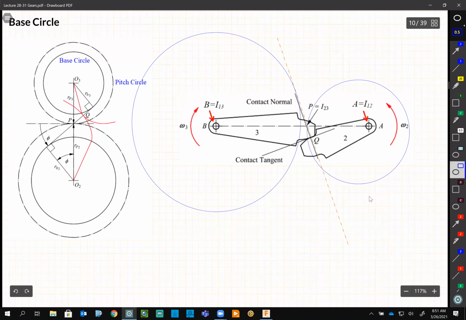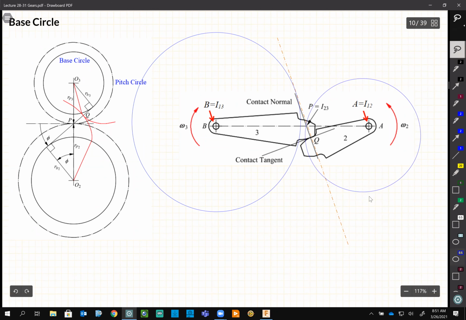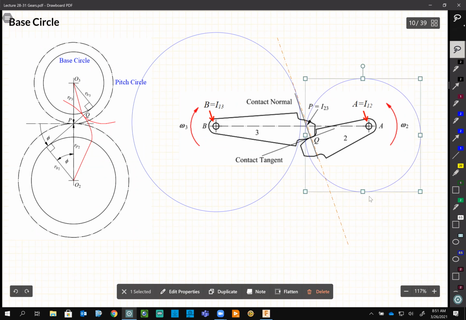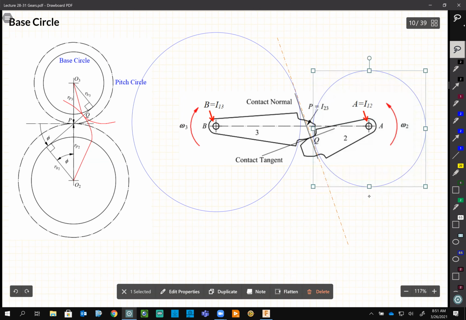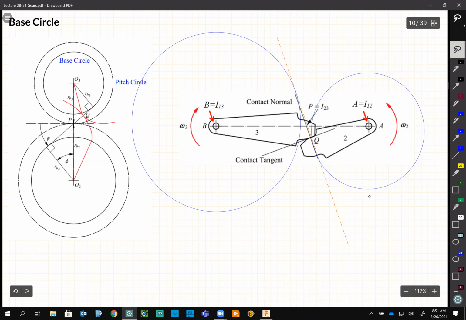These are basic concepts, but believe me, many unfortunately students, like mech students, if you ask them, they don't know. But these are all important things that you guys should know. Because later you're going to design gears in your other courses or in future career. So these two circles, then we will call them base circles.